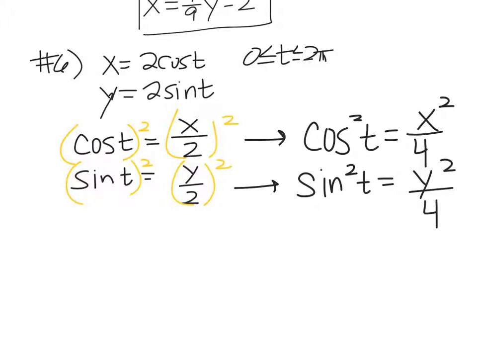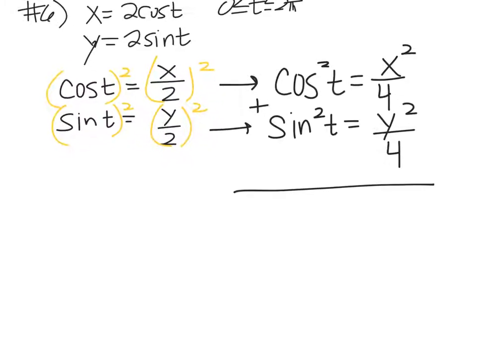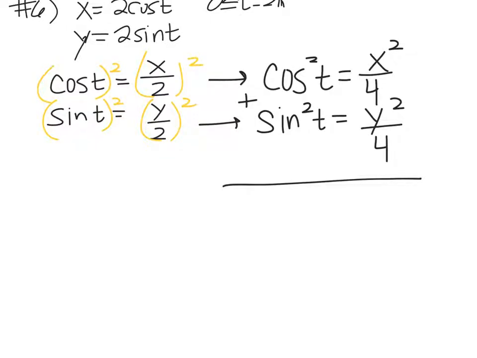Now, take a look at this. We're going to take these two equations and add them up. On the left side, we get cosine squared t plus sine squared t, which is 1.